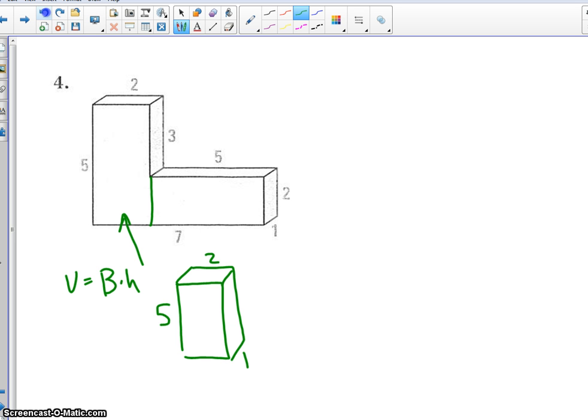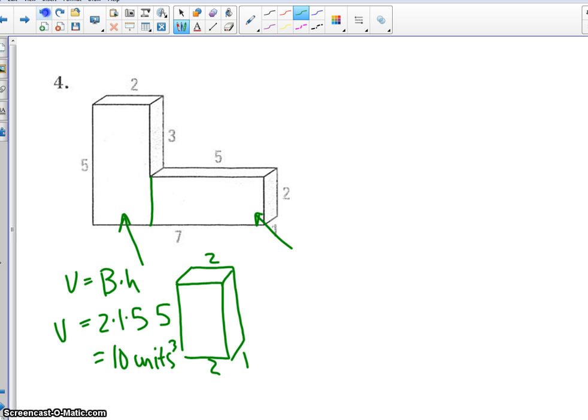Well, the base in this case is a rectangle. How do you find the area of a rectangle? Length times width. So 2 times 1 times the height of 5. Multiply those together, you get 10, and that's units cubed, if you recall.